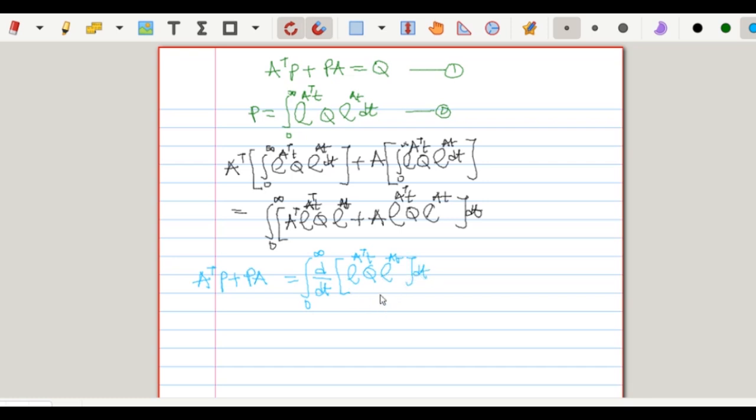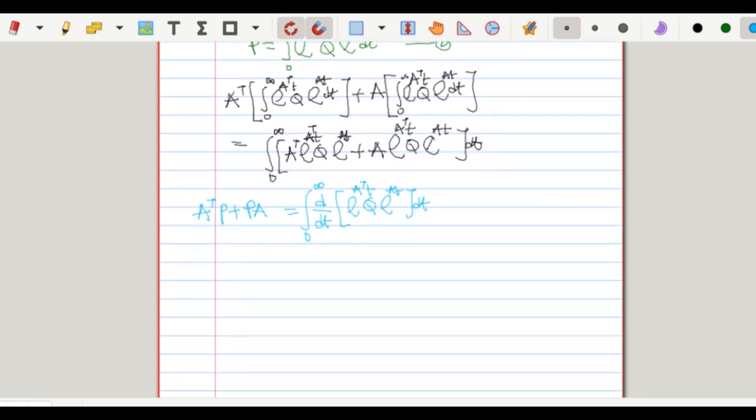If you have this, the integral is the inverse of differentiation and vice versa, which is to say the integral will cancel with the differentiation, and you will only have to take your limit from 0 to infinity.